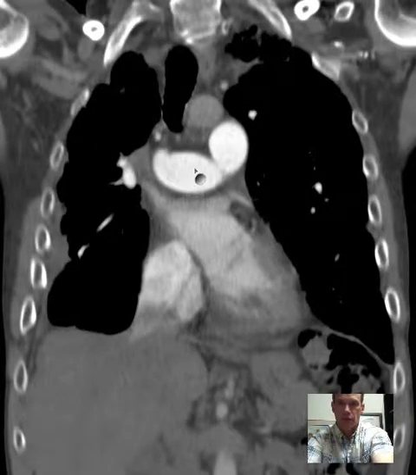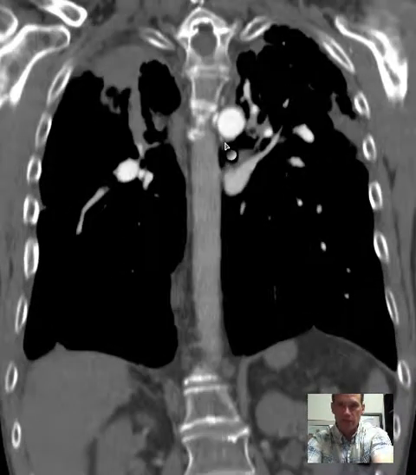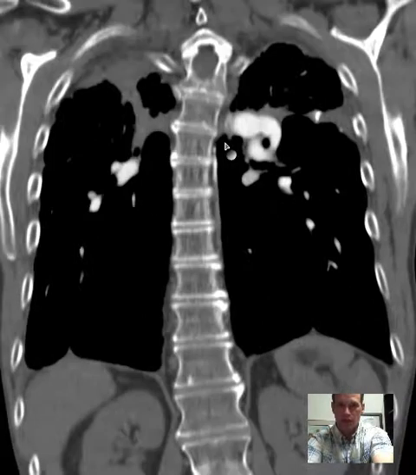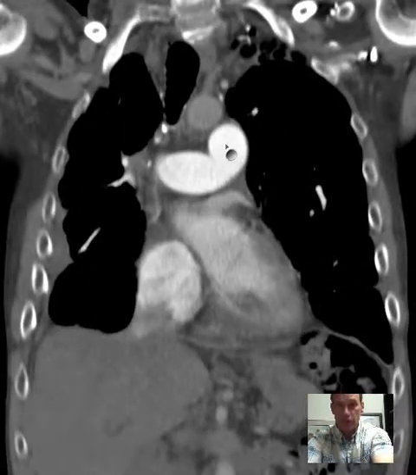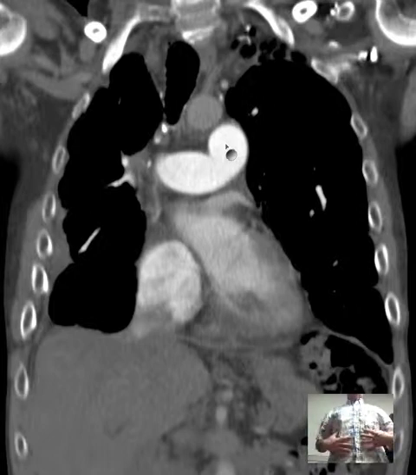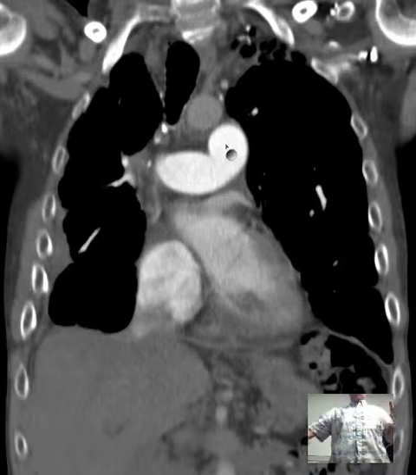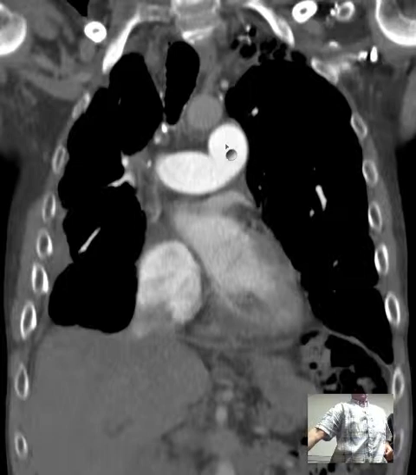And here you see the right main pulmonary artery, the left main pulmonary artery. Wait a minute. Why is the left main pulmonary artery going up so high? Well, one reason is it usually does. And remember what I showed you before, that if this is the right and left main stem bronchus, the right main pulmonary artery is anterior to the right main stem bronchus.